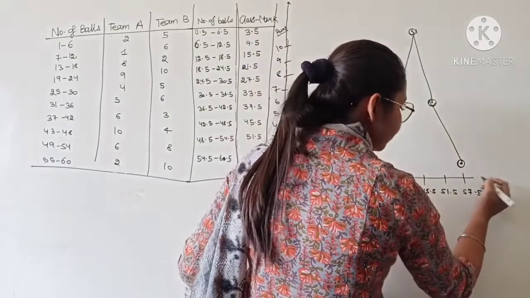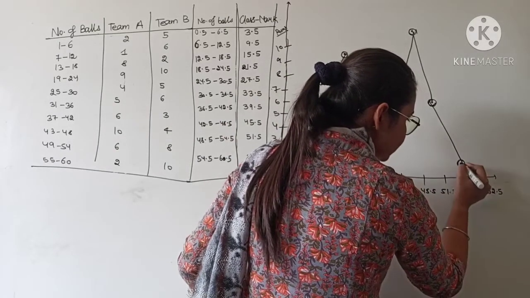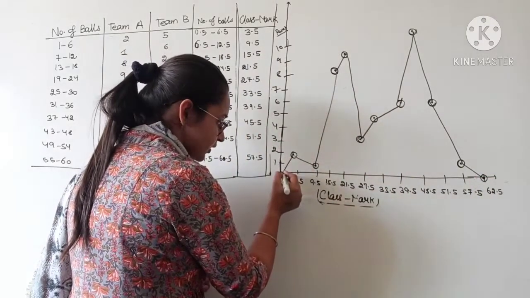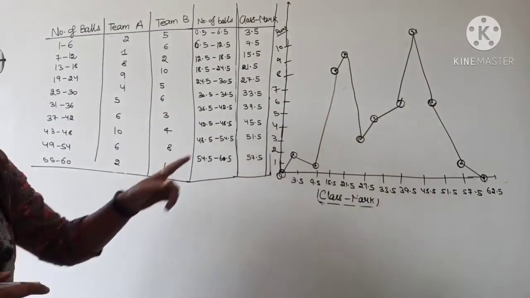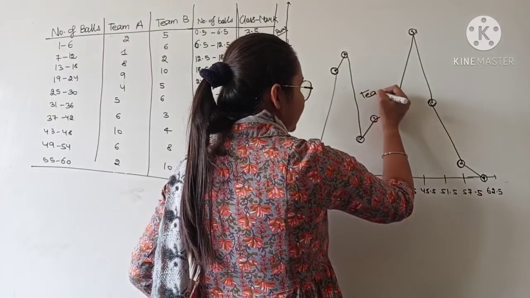Now what will you do? You will just choose the next class mark with 0 frequency, and here also you will choose 0 frequency. This is the frequency polygon for team A.